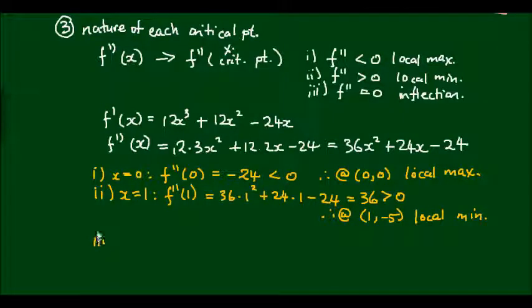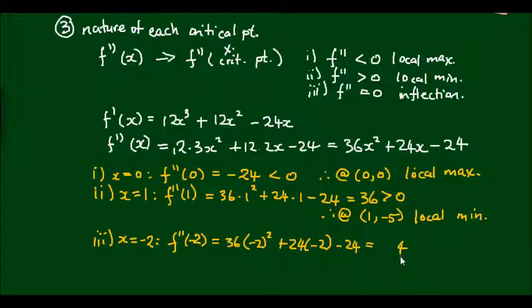And finally, for our third critical point at x is equal to negative 2, f double prime of negative 2 is equal to 36 times negative 2 squared plus 24 times negative 2 minus 24. 36 times 4, so 6 times 4 is 24, and 3 times 4 is 12, that's going to give me 144, minus 48 minus 24 is going to equal a total of 72.